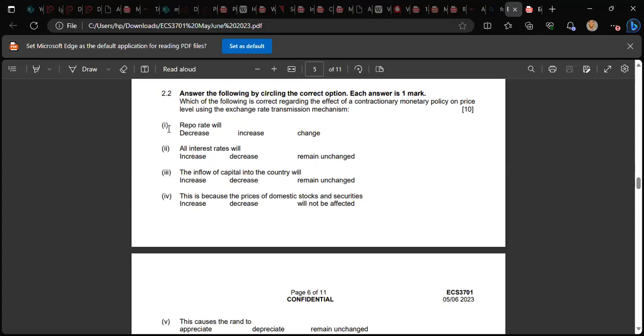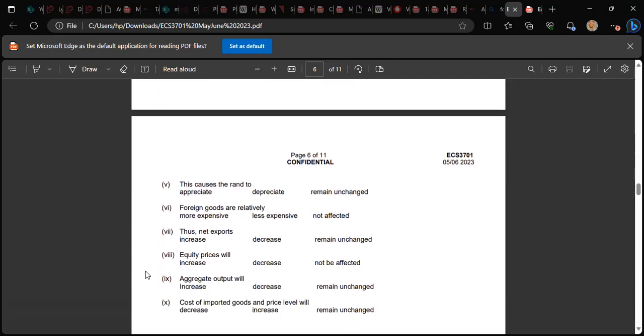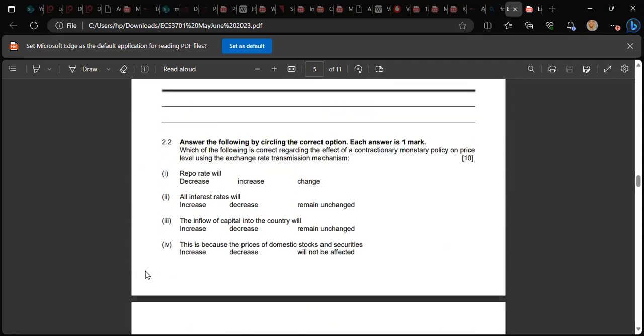One, we are going to be discussing what happens to the repo rate, and then what happens to all other interest rates, what about the inflow of capital, the prices of domestic stocks and securities, what's going to happen to the rand, and then foreign goods, what's going to happen to exports, equity prices, and aggregate output, and then the cost of imported goods and the price level. And that's what we want to see.